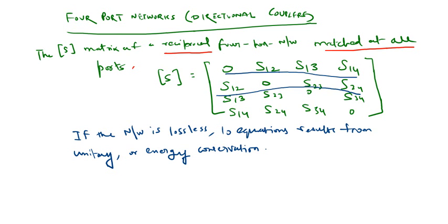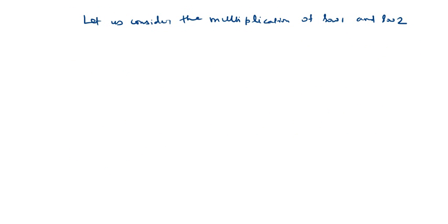Okay, so let us multiply row 1 and row 2, and also the multiplication of row 4 and row 3. So let us see what we are getting.